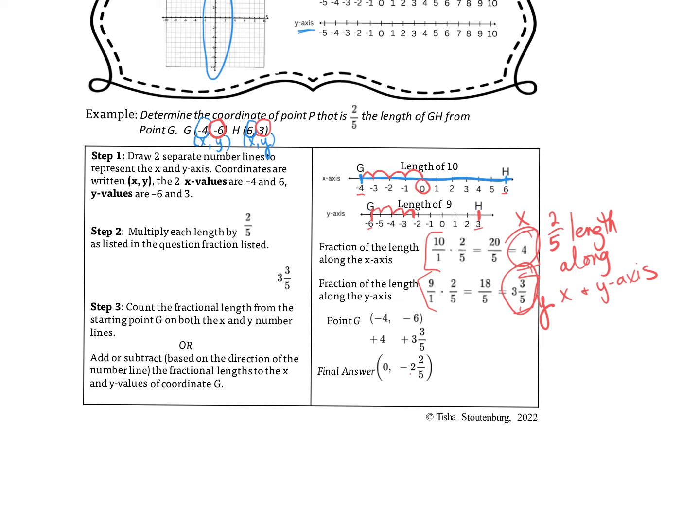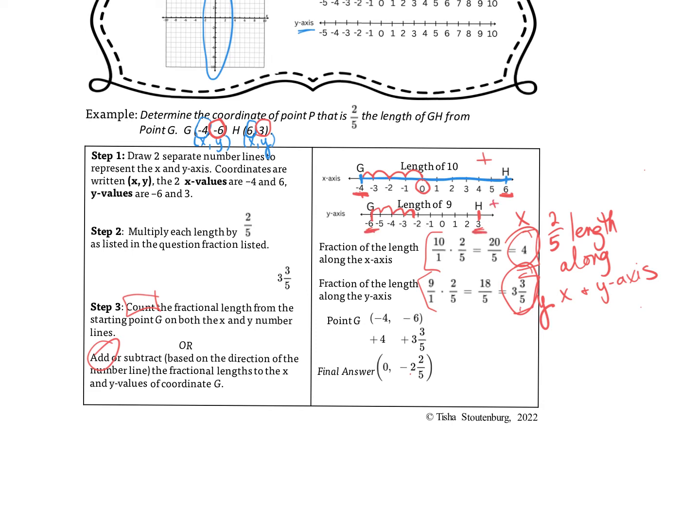But the other option besides counting is we can add or subtract. In this case, we're going to add both because we're going from -4 to +6. So we're moving in a positive direction in both cases on the x and y axis.